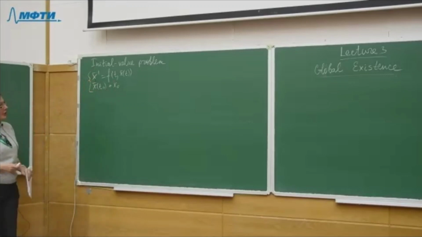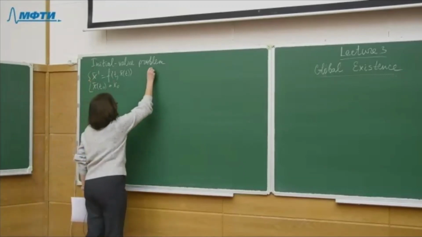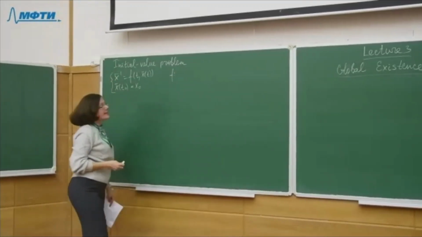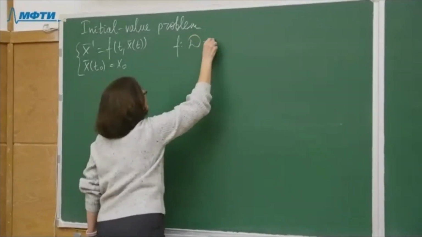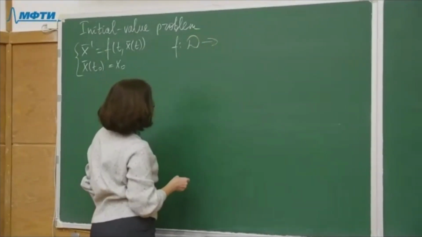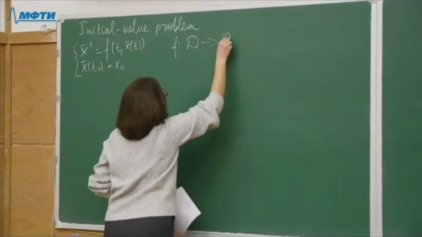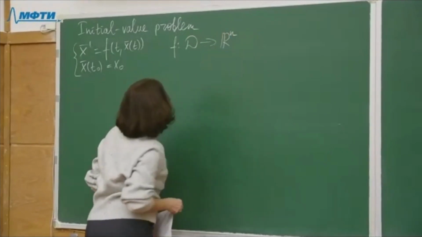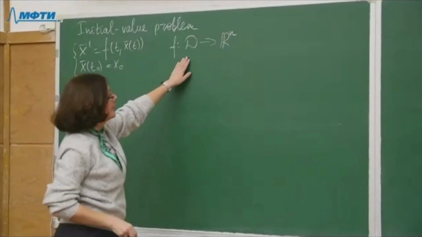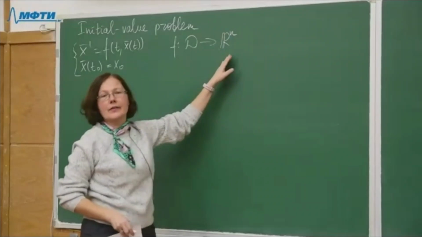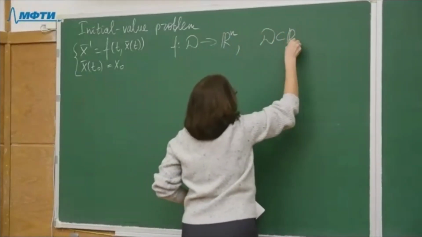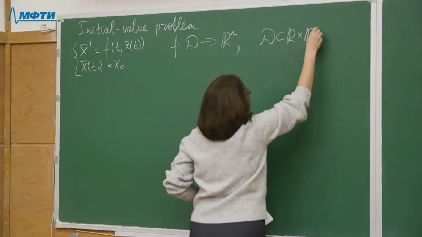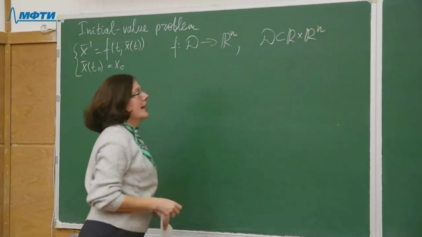This is the initial value problem. So f is a function defined in D, and it maps the set D to Rn. D is a subset of the product R times Rn.